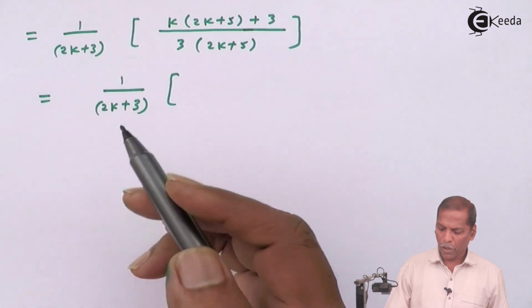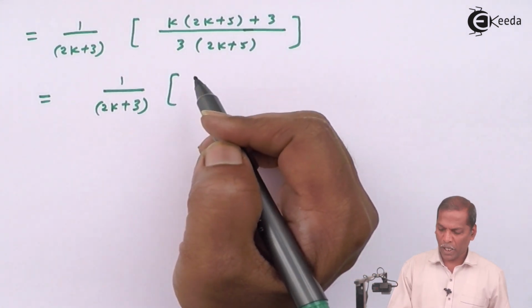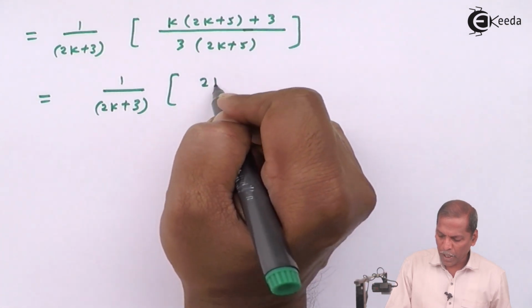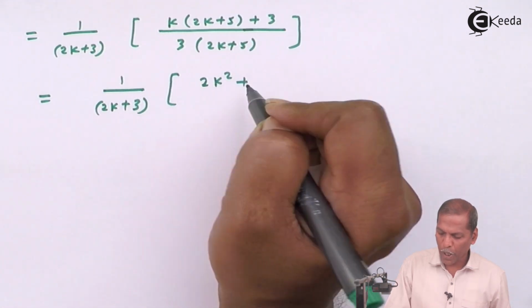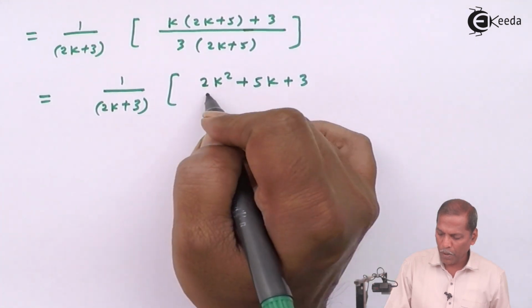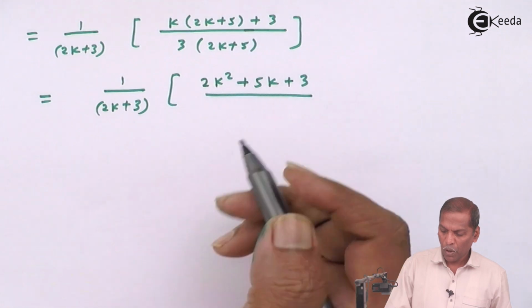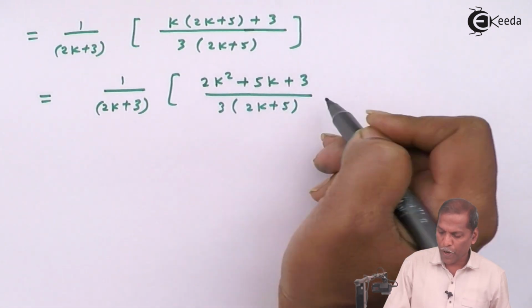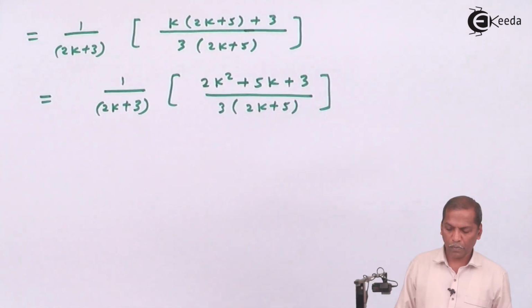In the numerator we multiply this bracket with k, so that gives us k into 2k, that is 2k square, plus k into 5, 5k, plus 3, upon 3 in bracket (2k plus 5).